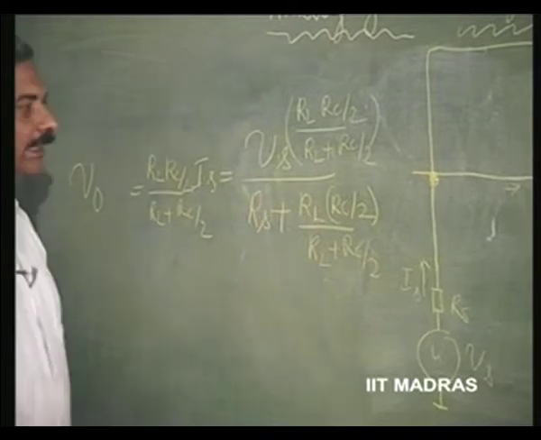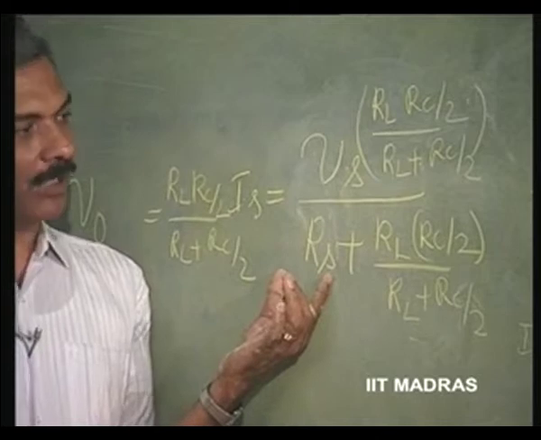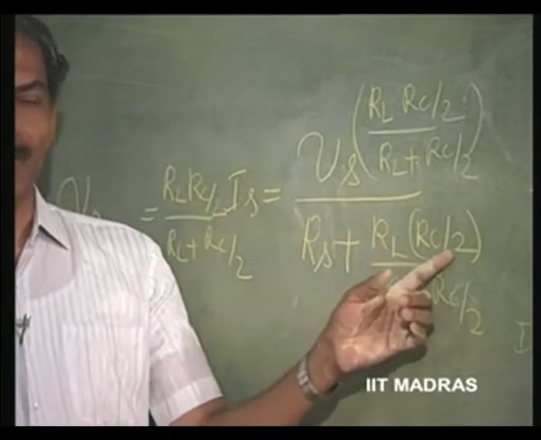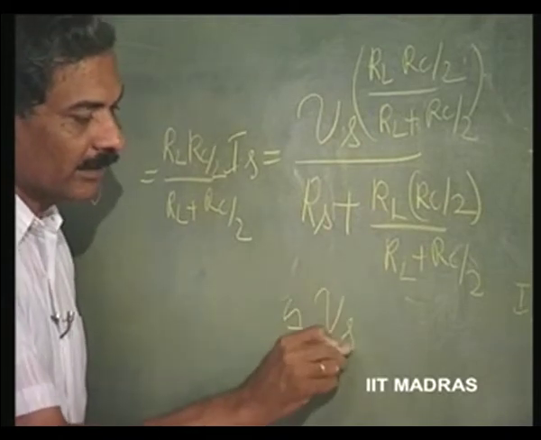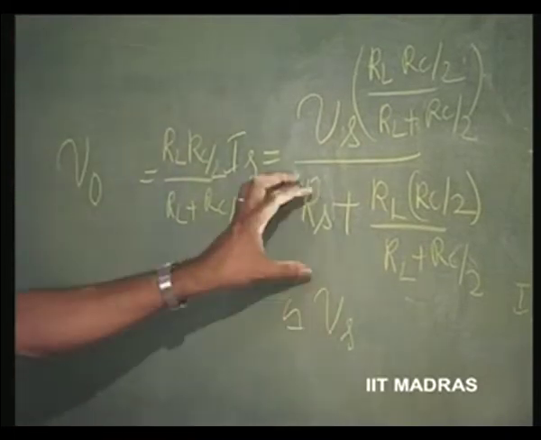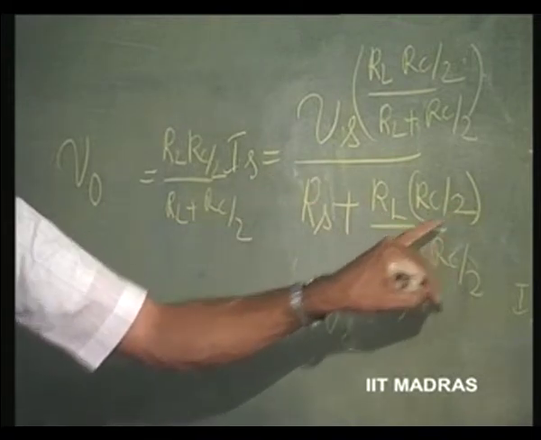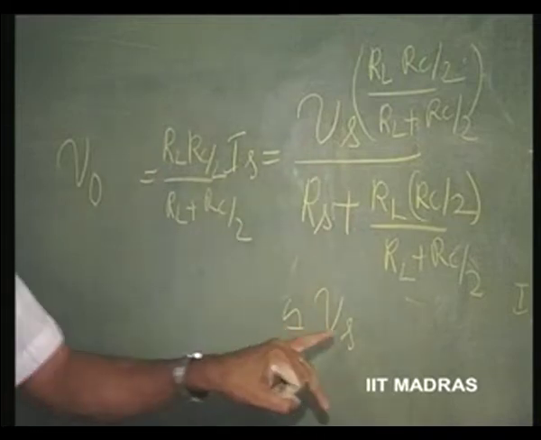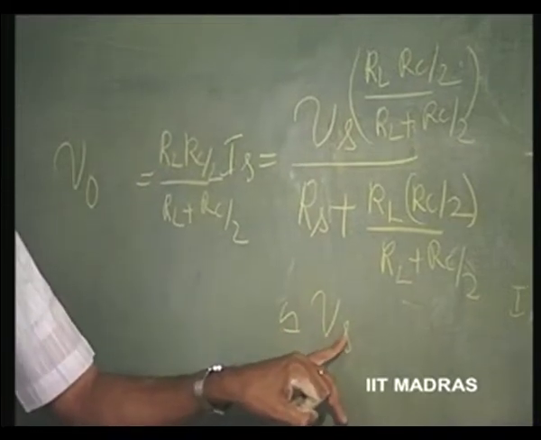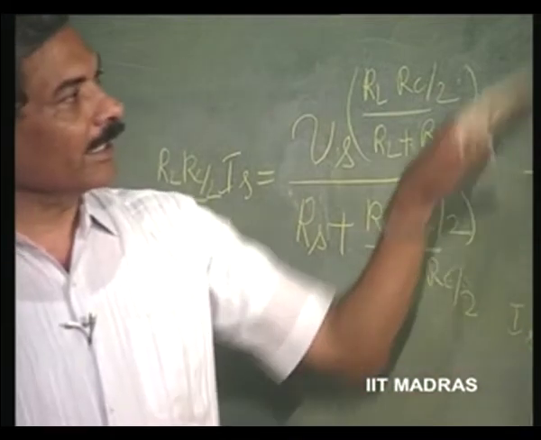You can therefore see here that as far as Rs is very small compared to RL parallel Rc by 2, this is going to be very nearly equal to Vs itself. So, nothing is lost. So, the signal is getting connected to RL fully.